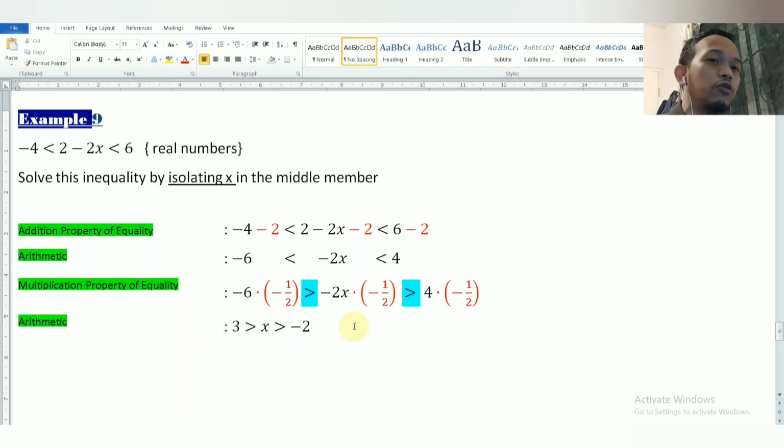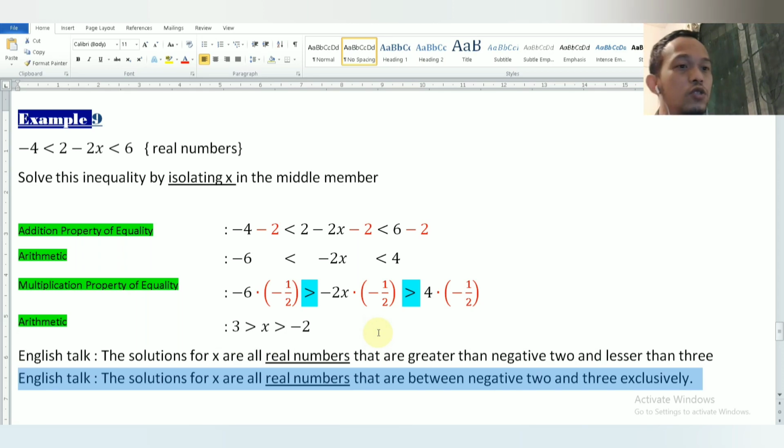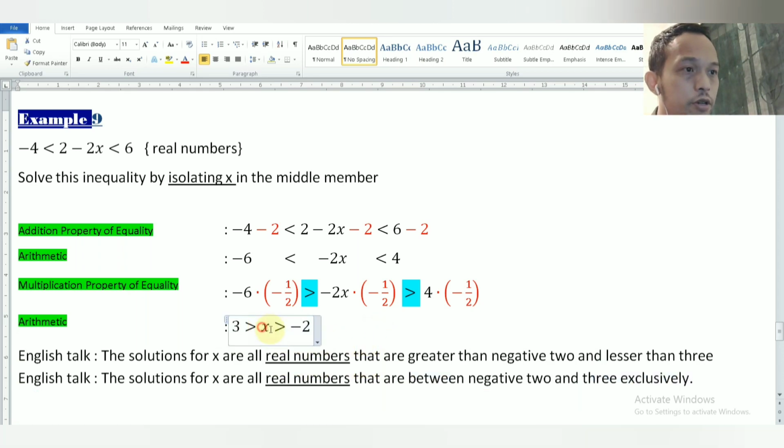So if I put it into English talk and combine it with this domain, the solution for x are all real numbers that are greater than -2 and lesser than 3. Or I can put it another way, the solution for x are all real numbers that are between -2 and 3 exclusively.